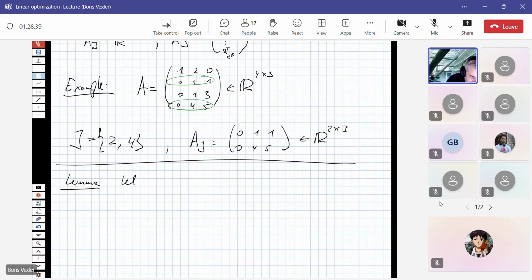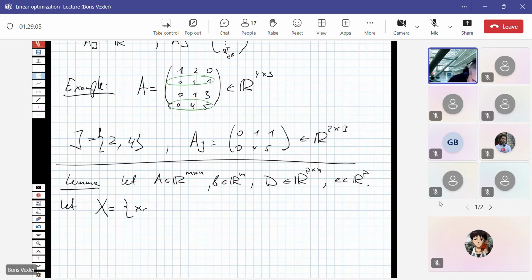Let A be a matrix in R M times N, B a vector in R M, D a matrix in R P times N, and E a vector in R P. And let capital X be the set of all x in Rn such that Ax is less or equal than B and Dx is equal to E.